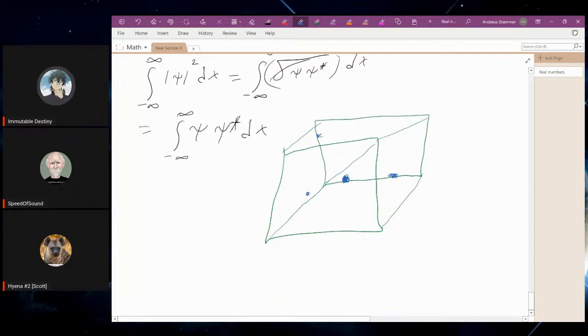What this thing is telling us, actually, what this symbol means is it's asking about the area. And the area of what exactly? Well, this is asking about the probability of finding something.